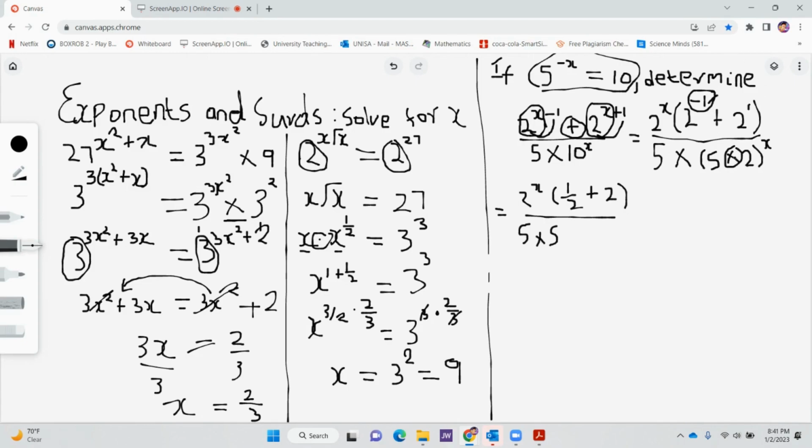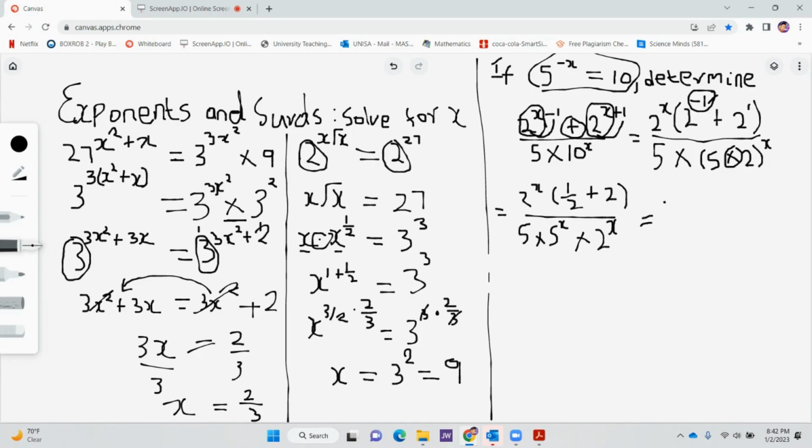But because it's a multiplication, we can give 5 exponent x and we can also give 2 exponent x. So we have 5 to the power of x multiplied by 2 to the power of x. Remember that law of exponent again only applies on multiplication and division, not on plus or minus. All right.